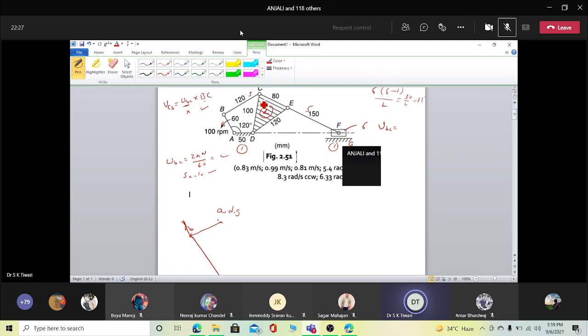When you are considering C on CD, D becomes the center of rotation. D is already in the velocity image. Then you need to find the velocity of C with respect to D. It will be omega CD into CD. This is missing. It means you don't know the magnitude, you know the direction. What will be the direction? The direction is perpendicular to CD.